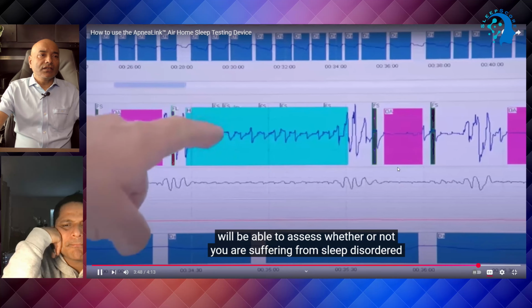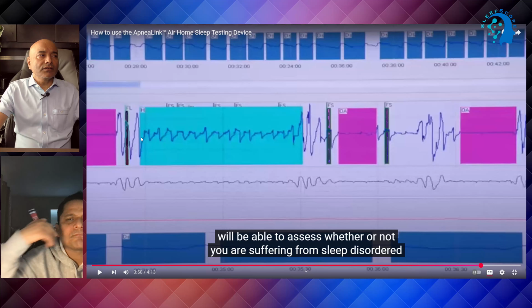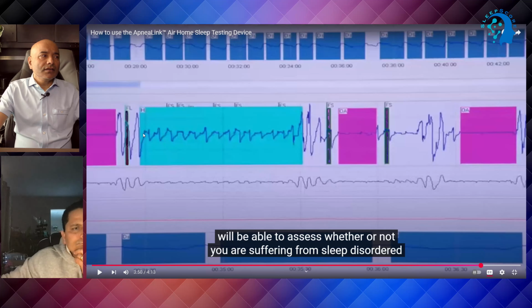I'll be able to tell you how to assess those. Look, here this guy is having partial obstruction from here to here. From here to here, he did not breathe normally. This is his normal breathing, but this did not breathe well.